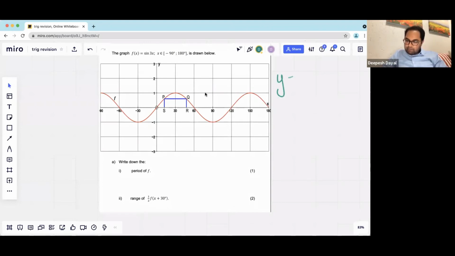How many graphs can we fit into 360 degrees? We can fit 3 graphs into 360 degrees, right?